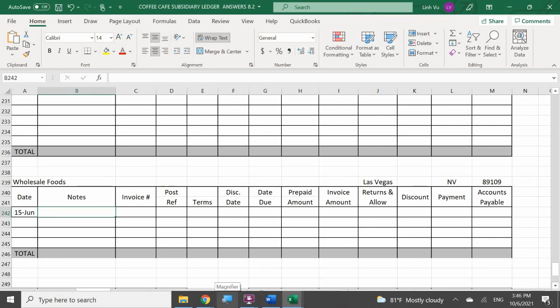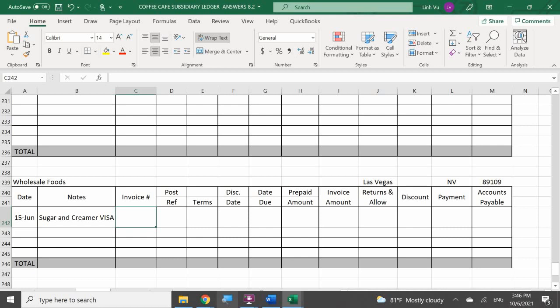Do the same. We buy sugar and creamer, and we pay with the Visa. And now we're going to the invoice amount. Invoice amount 70.59.